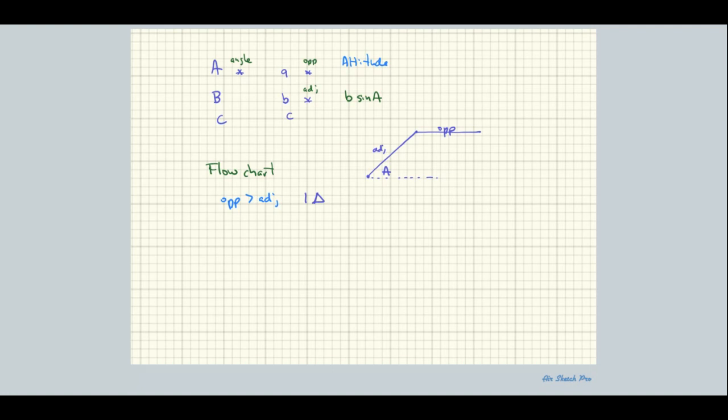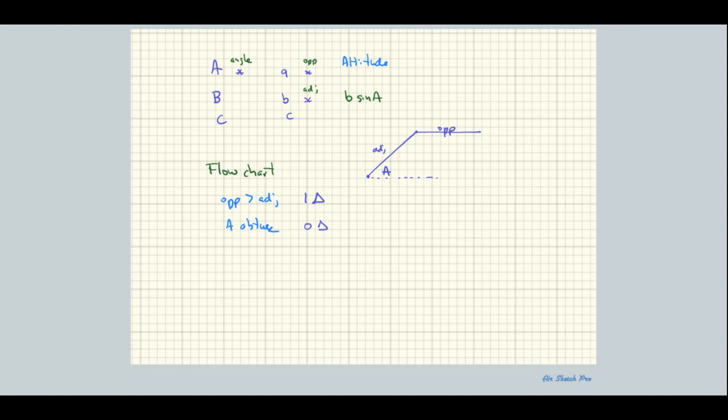So after I've checked to see if the opposite is greater than the adjacent, and I know it's not, because I'm continuing my flow chart, if A is obtuse, we can't get a triangle out of this. No triangles.